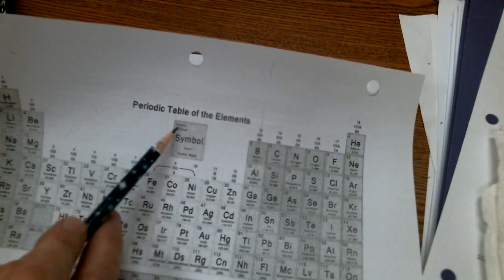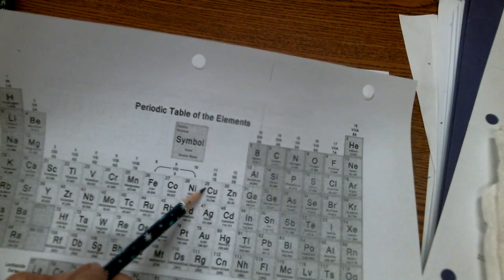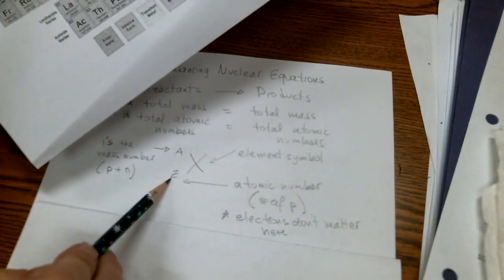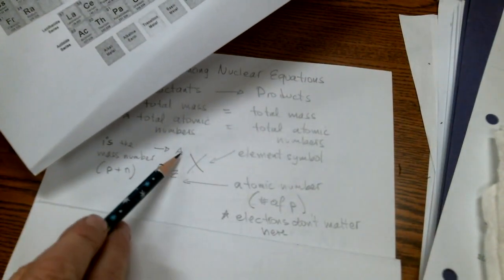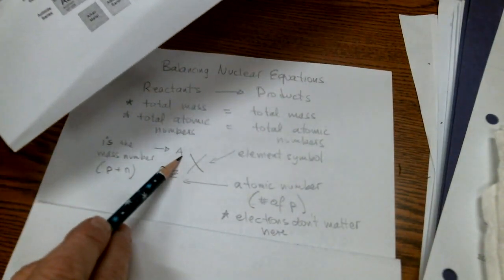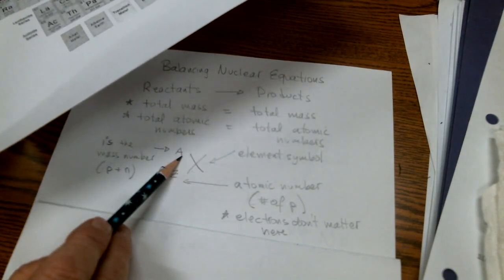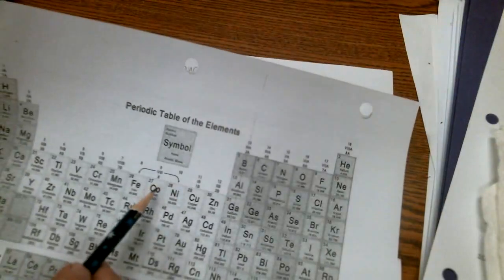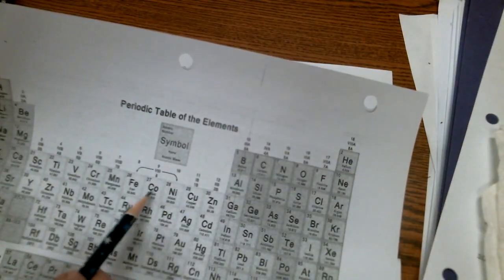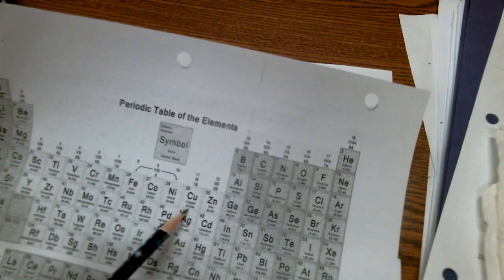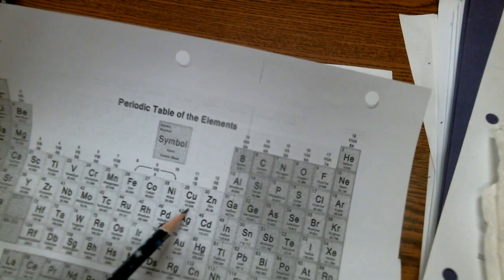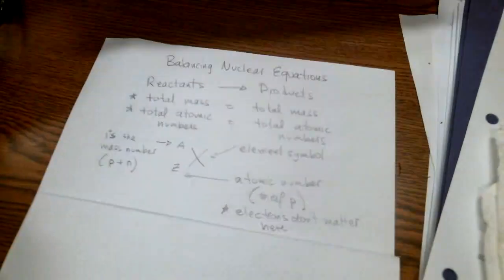So you can always see this if you forget. Okay, so 29 would be the number I would put instead of Z. And then A is the mass number. I'm usually going to give you that because we're dealing with radioactive elements, and that will be different than the mass here. The mass on this periodic table is an average. So sometimes we can use the average if we're not given the mass, but most of the time I will give it to you.